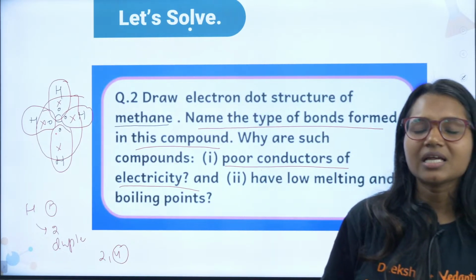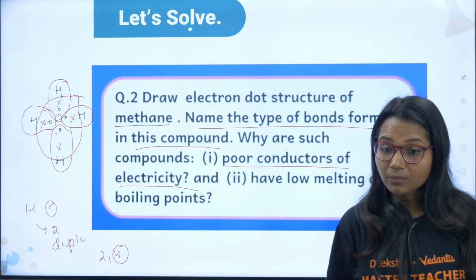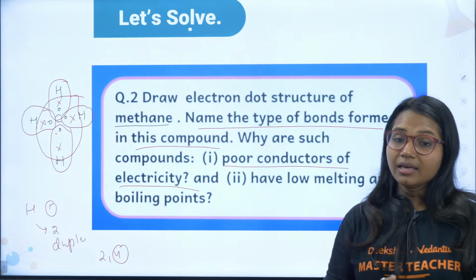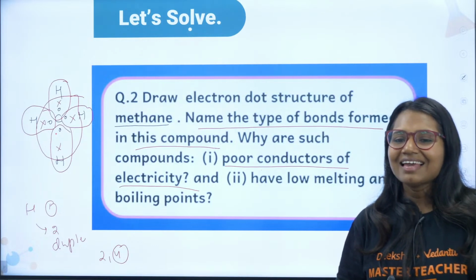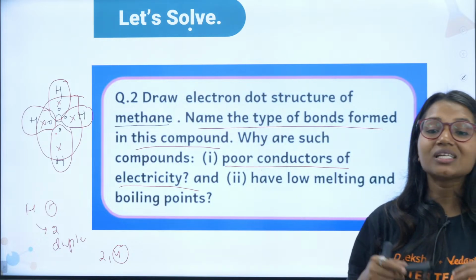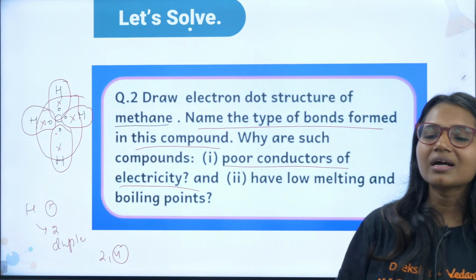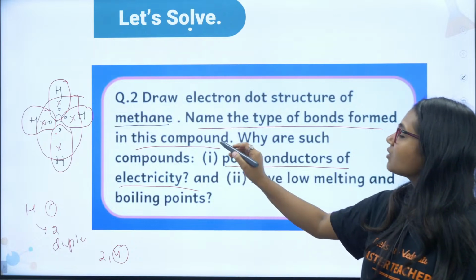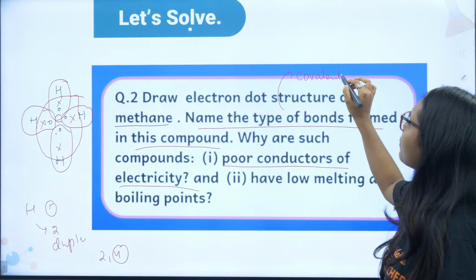Quickly tell me in the chat box, methane has which type of bonds? Ionic, covalent. Very, very good, Samakh. It is a covalent bond. Absolutely correct. So, which type of bonds are there here? It is a covalent compound, covalent bonds.